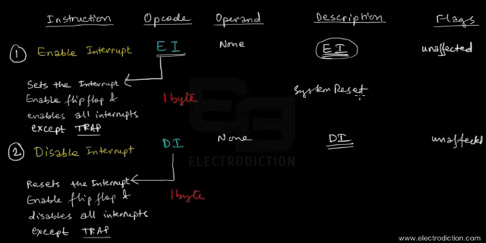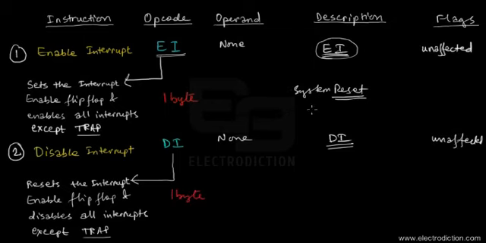Whenever there's a system reset or an interrupt is acknowledged by the 8085, all the other controllable interrupts except the trap remain disabled as long as the interrupt request is being executed. That just happens automatically.